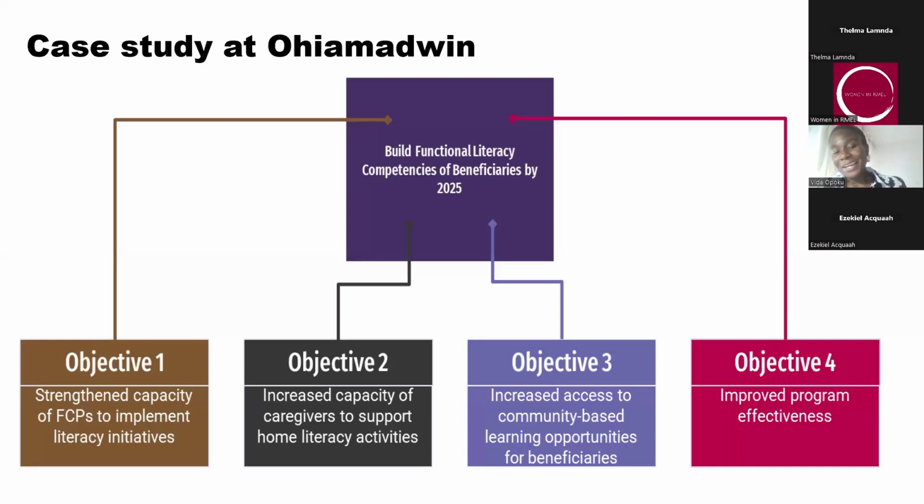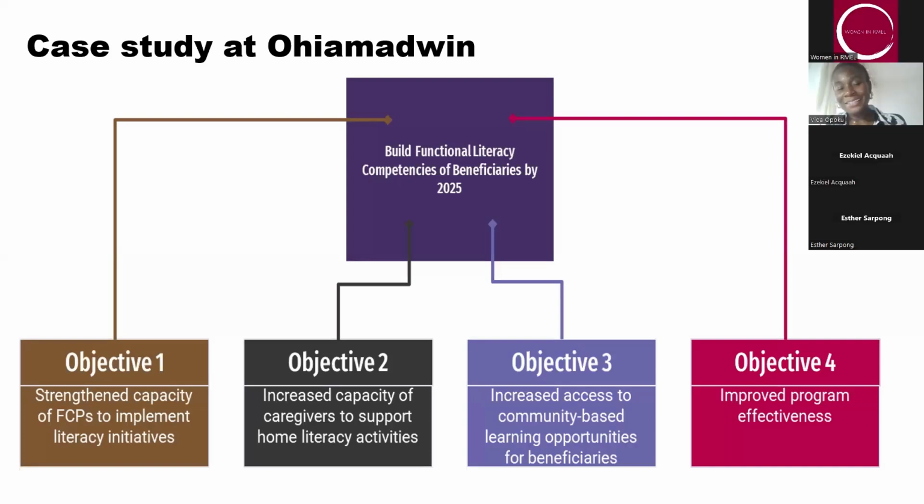So the reason why in my presentation I highlighted that there was a reason why that direction was introduced, by saying increase, is that based on the landscape assessment or the context assessment that was done prior to arriving at these objectives, it was identified that some caregivers had what it takes to support their children at home to read, okay? But it was very low. Some may have had the income, but they were not literacy competent enough.